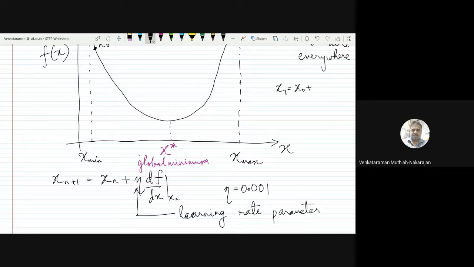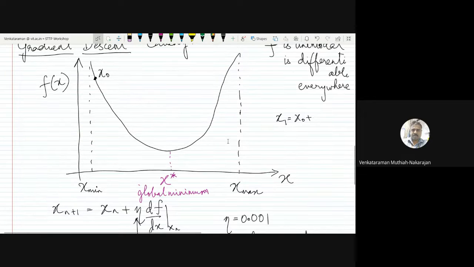We are starting from x0, and our next point x1 we have to find out based on this equation. Sorry, it should be a minus sign here.